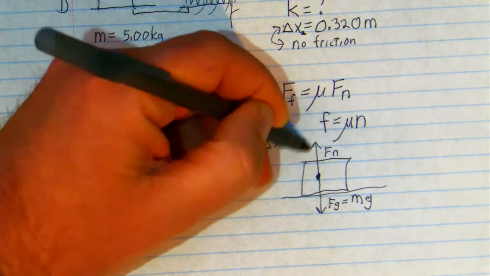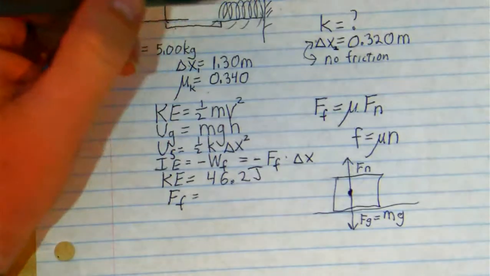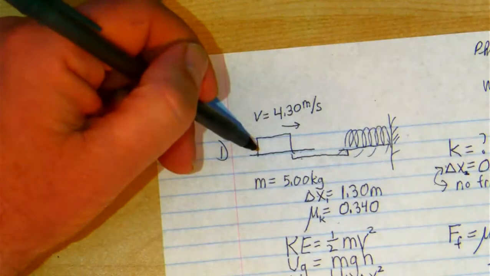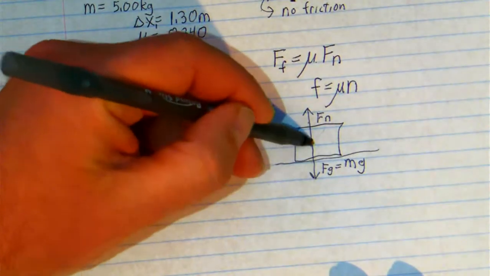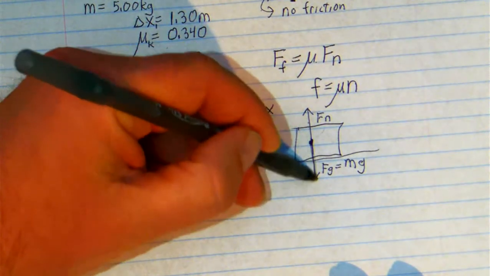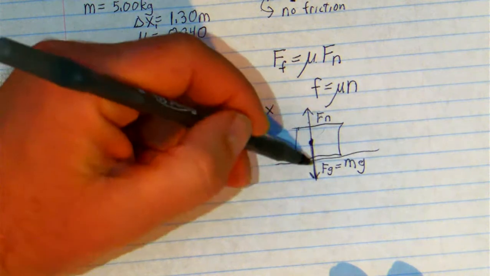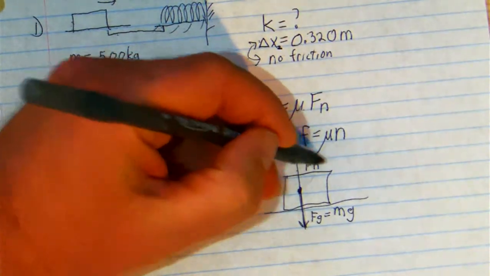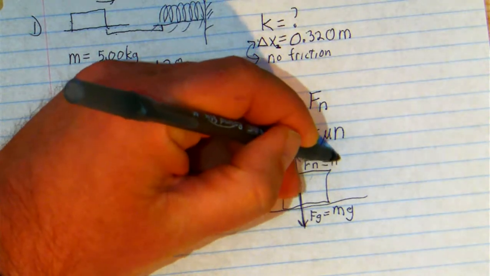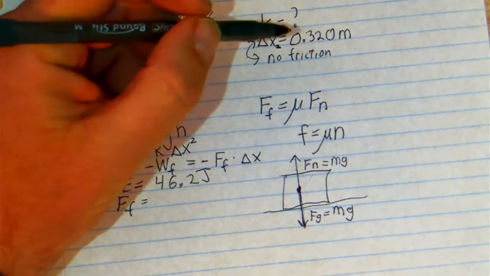So the magnitude of the normal force of the ground pushing up on this mass is equal in magnitude to the weight of the block being pulled down to the center of the earth by the force of gravity. So we can calculate the normal force by setting it equal to m times g.